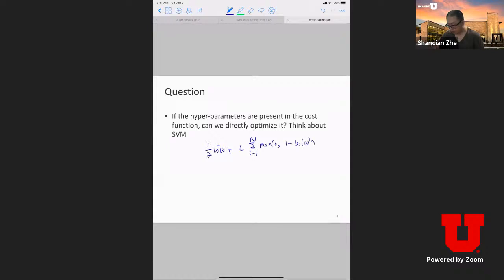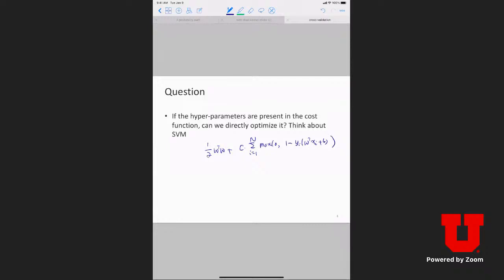Why don't we just optimize C in this objective as well, like W and B? What is the problem? Overfitting. Overfitting? But let us put aside overfitting. What other problems do you think might appear?